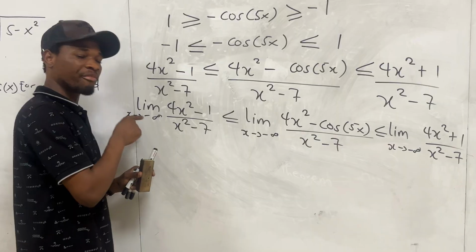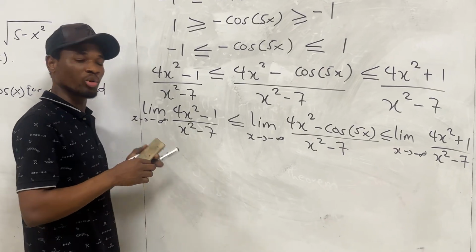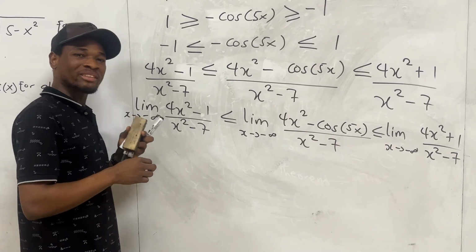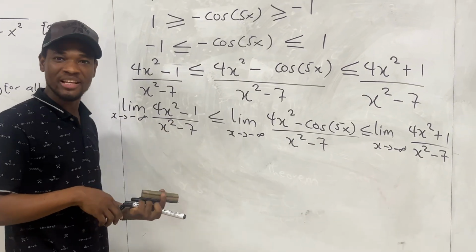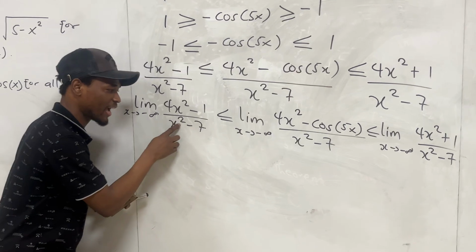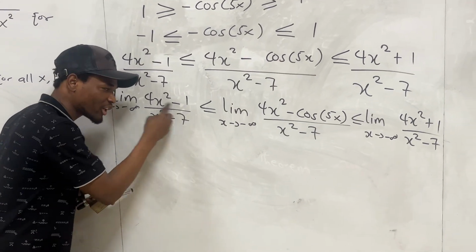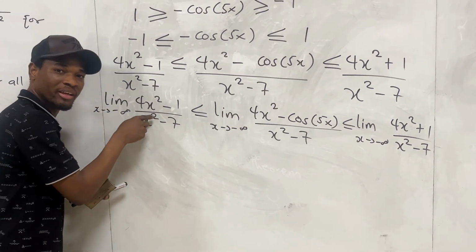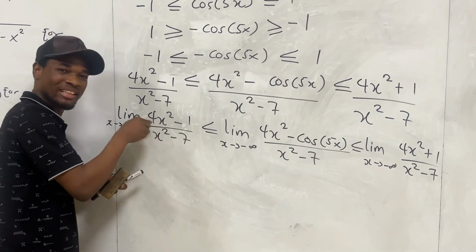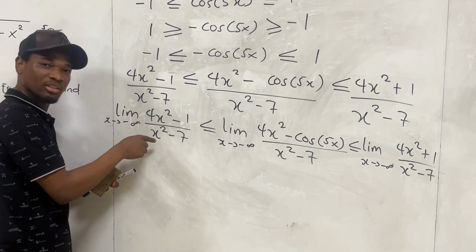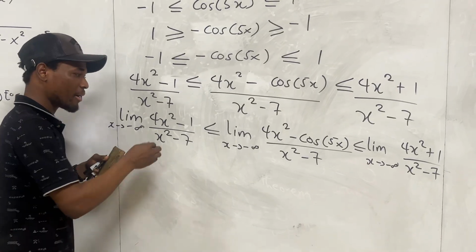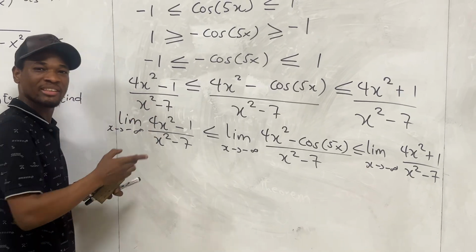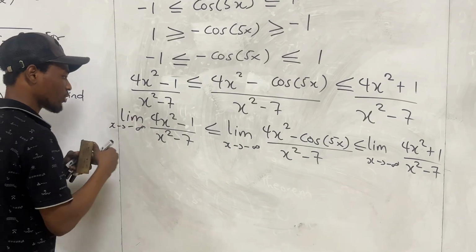If you want to evaluate limits at infinity, what you do is you pick the highest degree of the denominator. So here, what do we have? x squared, being the highest degree. So what we do is we divide the numerator and the denominator by the highest degree of the denominator. What do I mean?